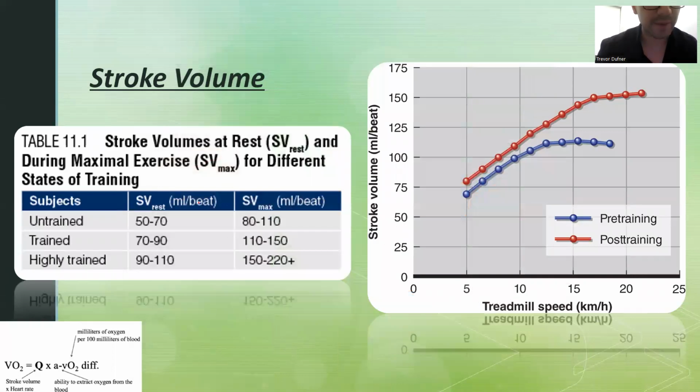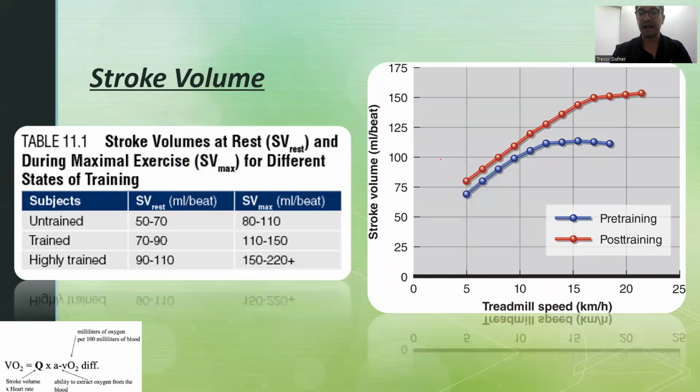So looking at stroke volume in untrained versus highly trained individuals, you can see that there's a massive change. Going from an untrained individual to a very highly trained individual, you can get stroke volume to double in amount. You can go from 50 milliliters per beat to up to 110 milliliters per beat.